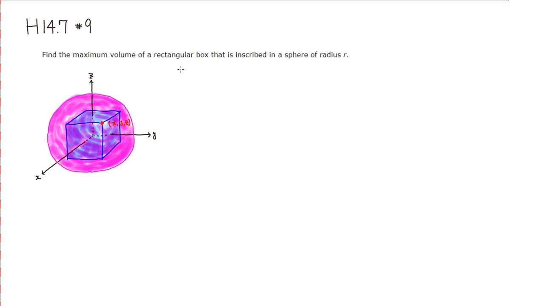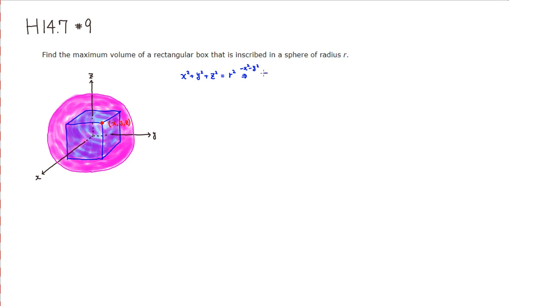The equation of the sphere is x squared plus y squared plus z squared is equal to r squared, right? So I'm going to solve this equation for, let's say, z. Subtract x squared and y squared.